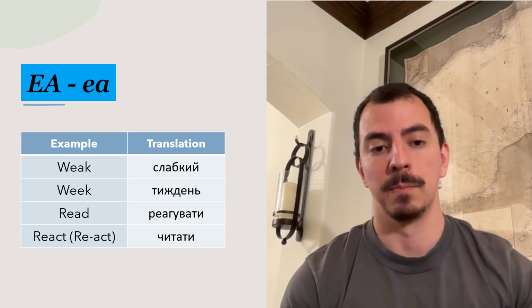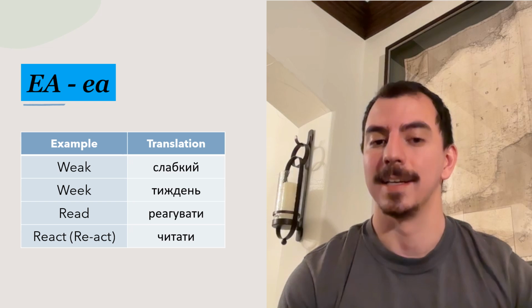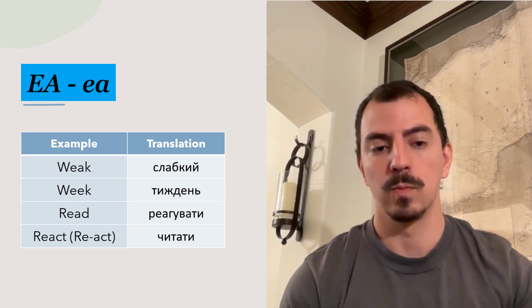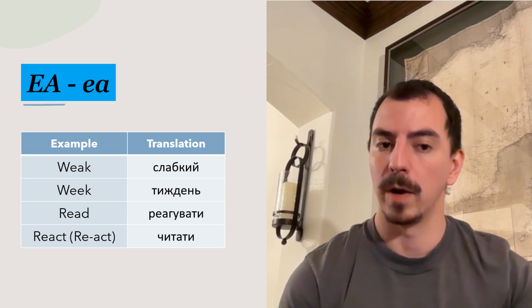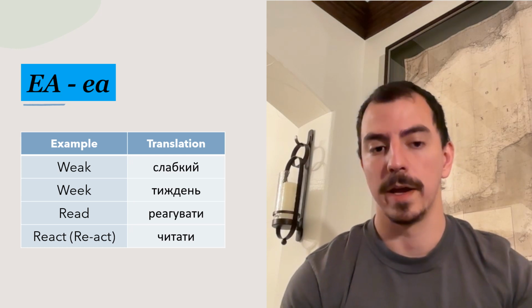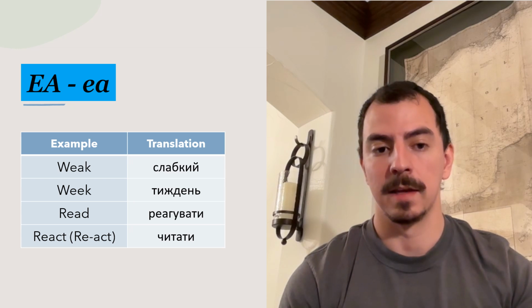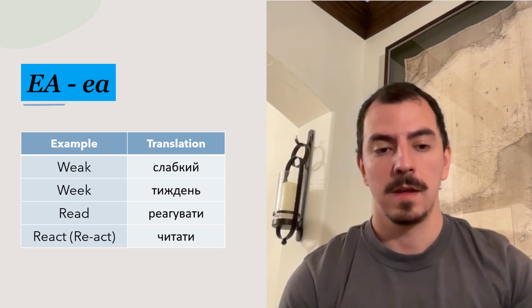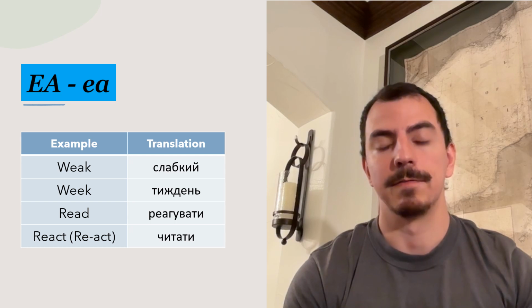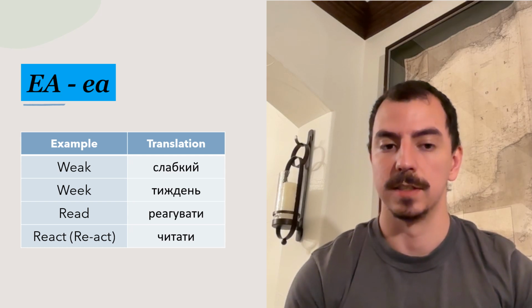The last two examples here are cases where things stop making sense, but it's still important to be aware of. The next word is either read or read, the past tense, depending on the context. Read and read are spelled exactly the same way, but it's just its own special case in English. It just doesn't make sense.